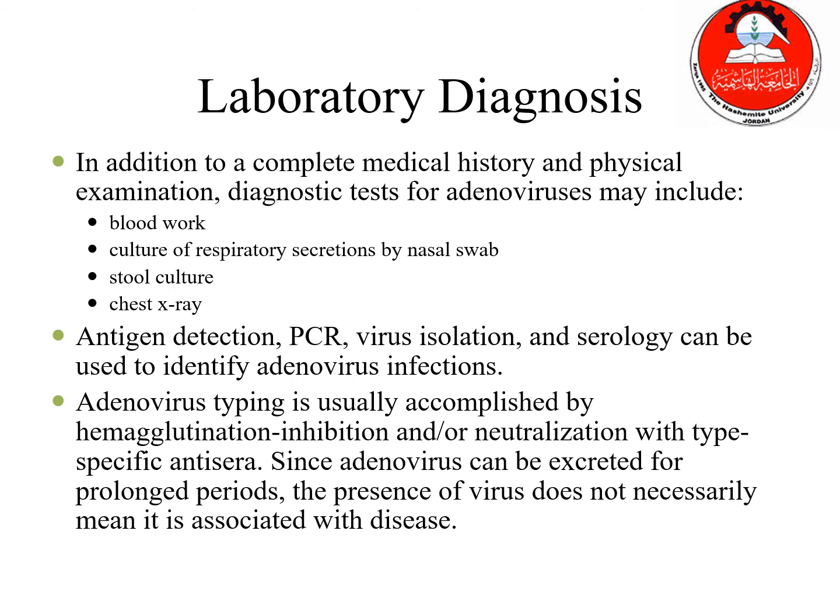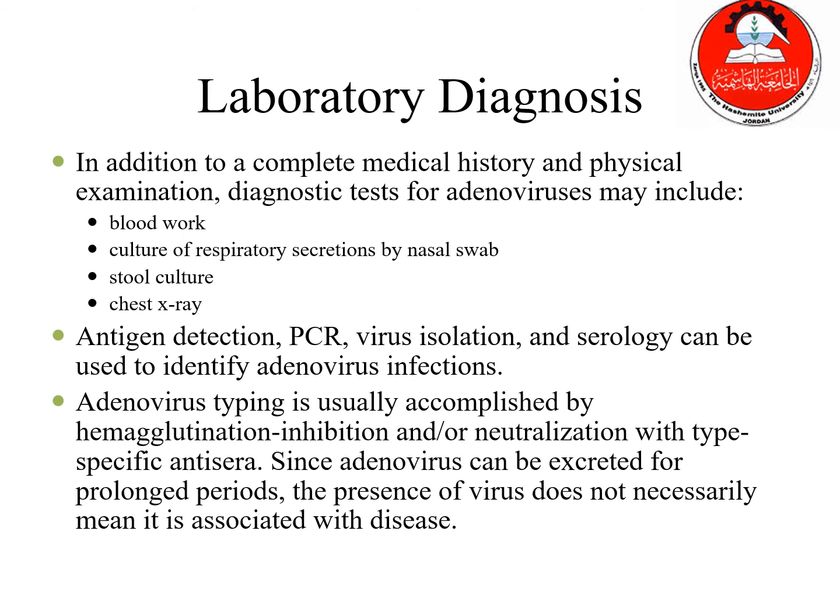So history, physical examination, and then we can do a CBC and see lymphocytosis. We can do culture for the virus, which is not routine. Stool culture as well, not routine. An X-ray in case of pneumonia could be helpful as well.